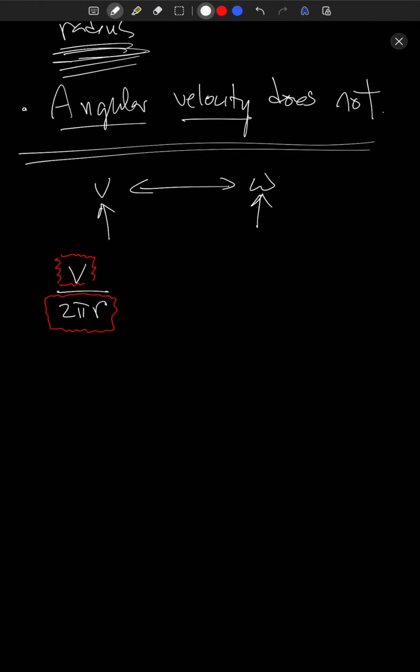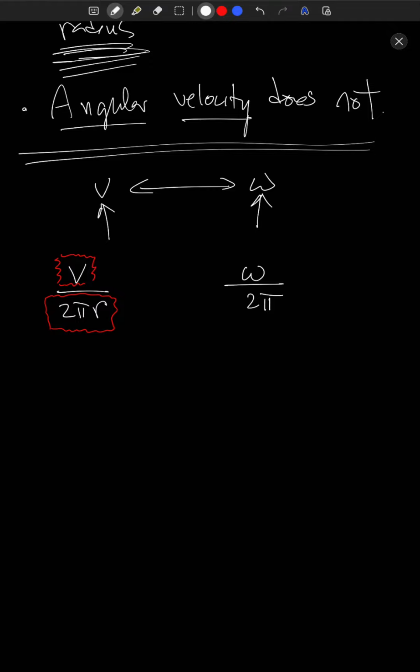On the other hand, if I look at our angular velocity for the same exact kind of motion, then how much of the circle have we traveled in terms of angles? Well, we've traveled omega angle in 1 unit of time. But how many angles are there in total for the entire circle? 2 pi.